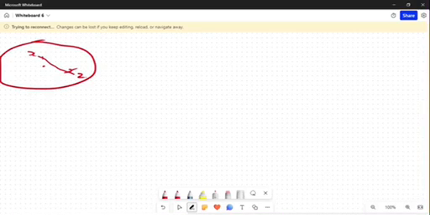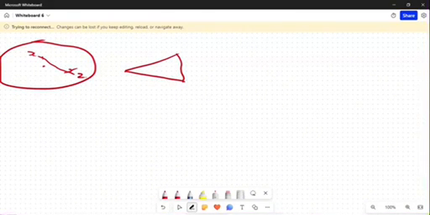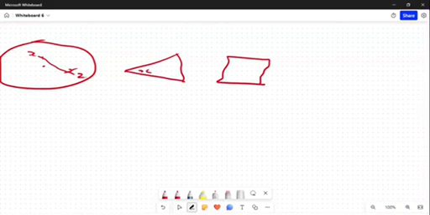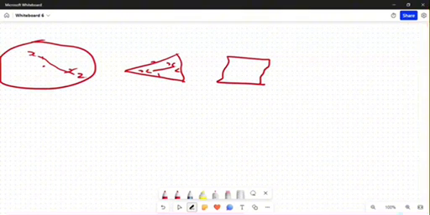A triangle is also convex. A square or a rectangle is also convex, because even if you pick x1 and x2 at the boundaries, you discover that the line will lie completely inside.